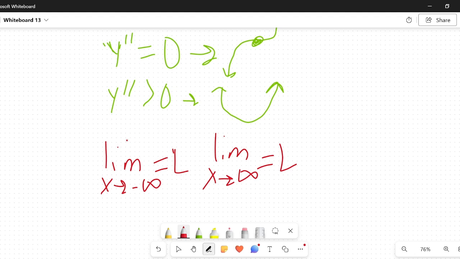It's a horizontal asymptote. So if it approaches some value, that means it's a horizontal asymptote. If it's positive infinity or negative infinity, it increases without bound. There's no asymptote.